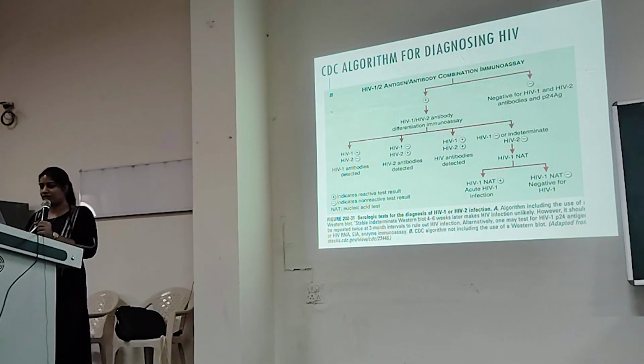If it is positive, we will do the HIV1 and HIV2 antibody differentiation immunoassay. If HIV1 is positive, he is HIV1 positive. If HIV2 is positive, he is HIV2 positive. If both are positive, HIV1 and 2 positive. If HIV1 is negative or indeterminate, we will go for the nucleic acid test. If it is positive, it is acute HIV infection. If it is negative, the patient is negative for HIV.